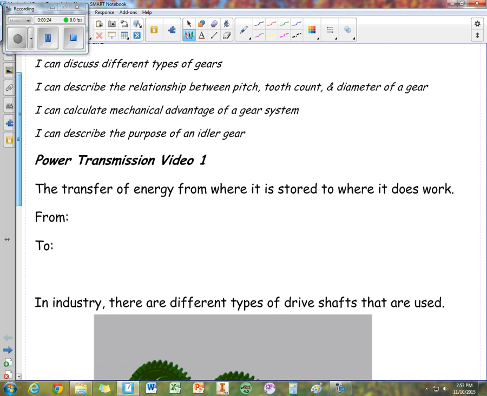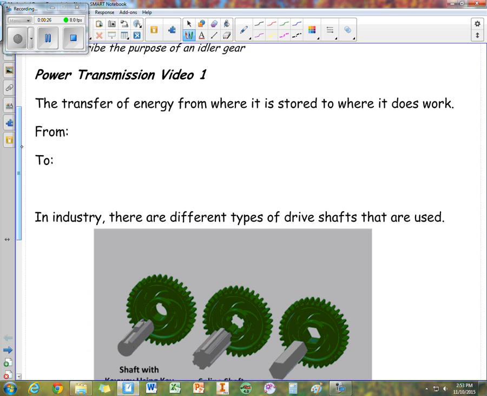So let's get started. Power transmission. Basically, this is the transfer of energy from where it is stored to where it must do work. So for us, it's going from the battery to the wheels.